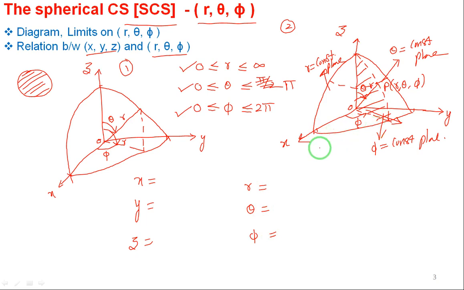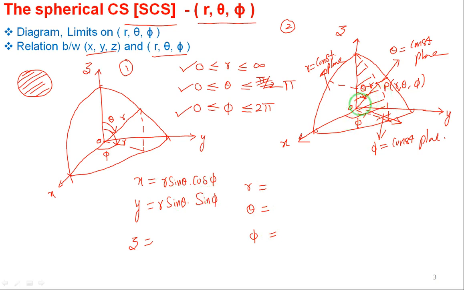So r sin theta cos phi. r sin theta is nothing but the projection of the radius r onto xy plane. Then I want along x axis, r sin theta cos phi. Then I want y, so r sin theta sin phi by geometry. I hope you are getting it.